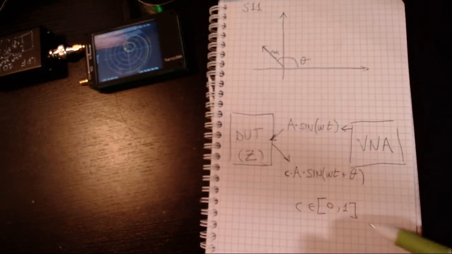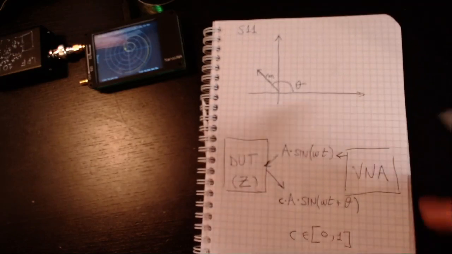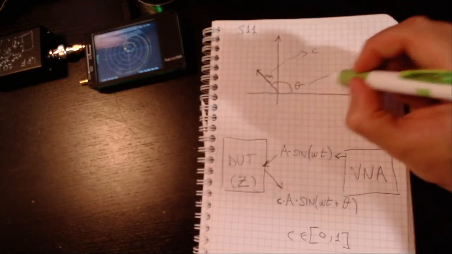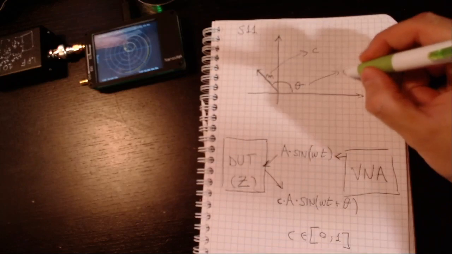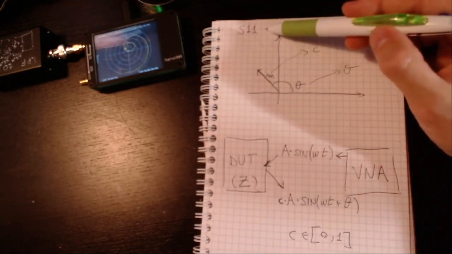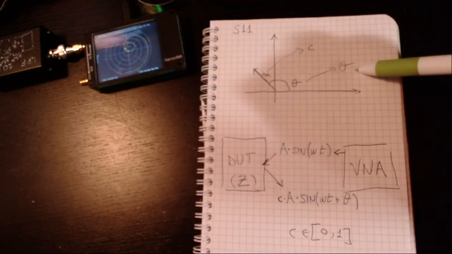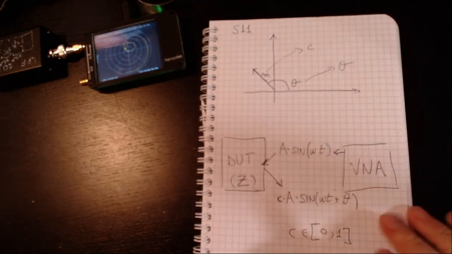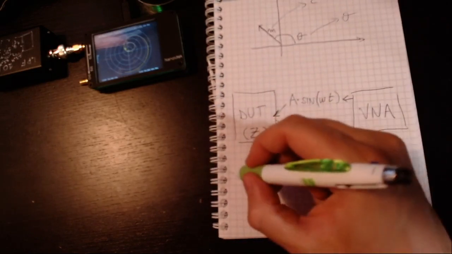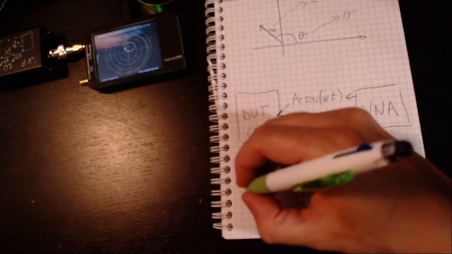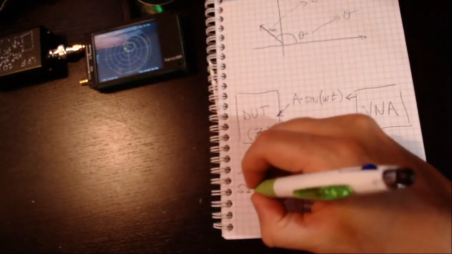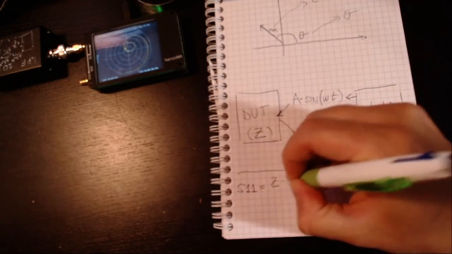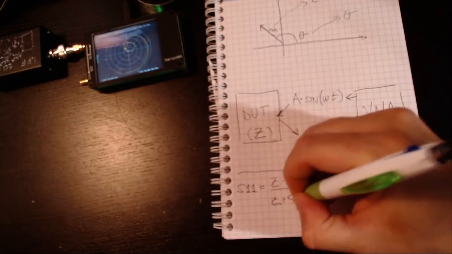So what is being measured, the S11, what it physically means, the m here of the S11 is just C, and the theta is the theta that we have here, okay? So it's basically a way of describing, by these two values, the way that reflection occurs in the device under test. One last comment, we saw in the video this equation that S11 is related to this Z by this equation, so it's Z minus 50 divided by Z plus 50, okay?